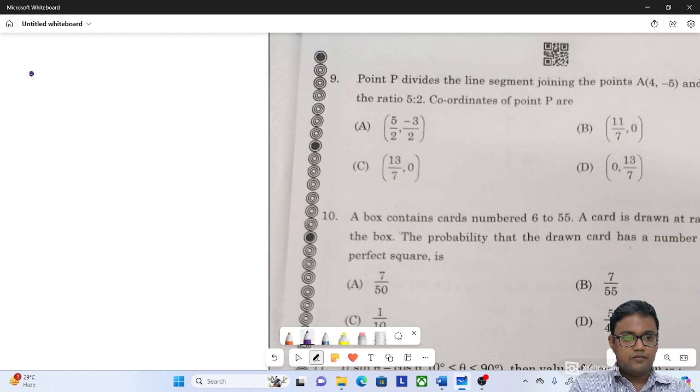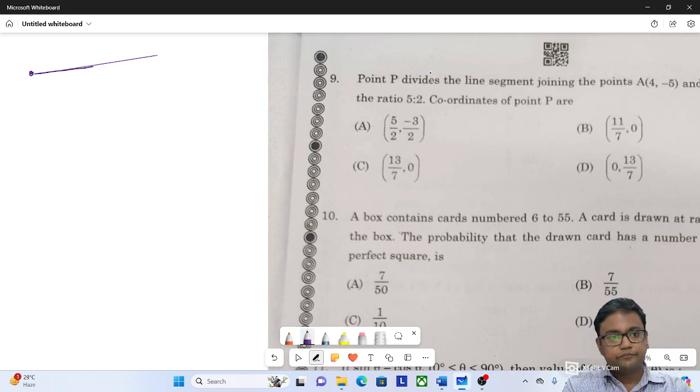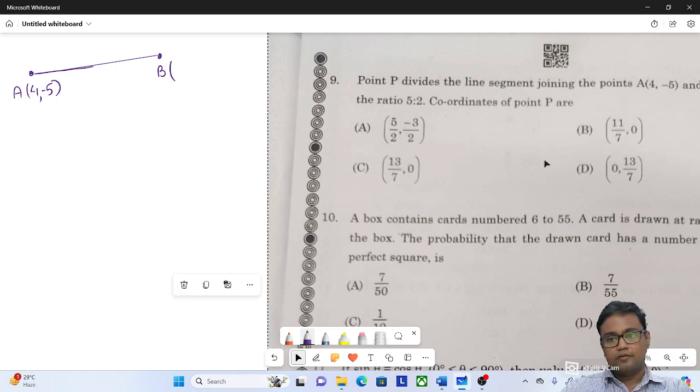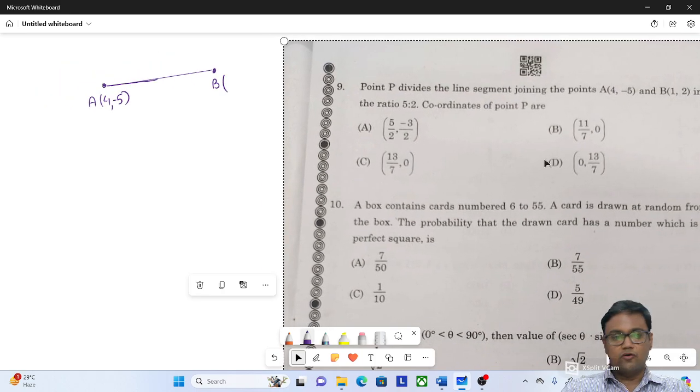So see, this is a line, children. And the coordinates are A 4 comma minus 5 and B 1 comma 2.